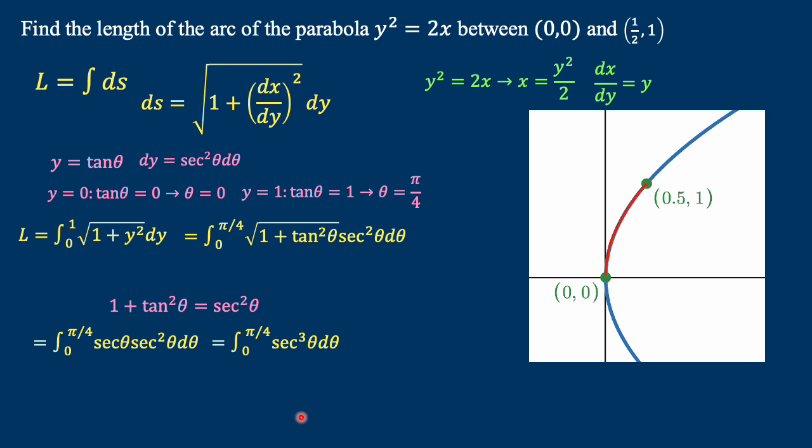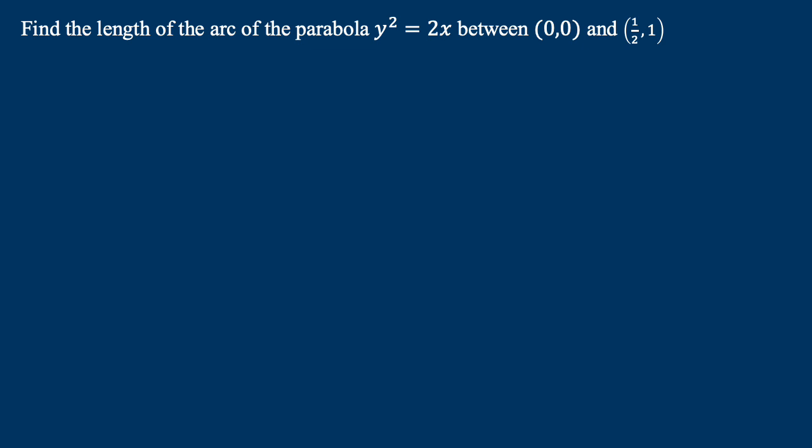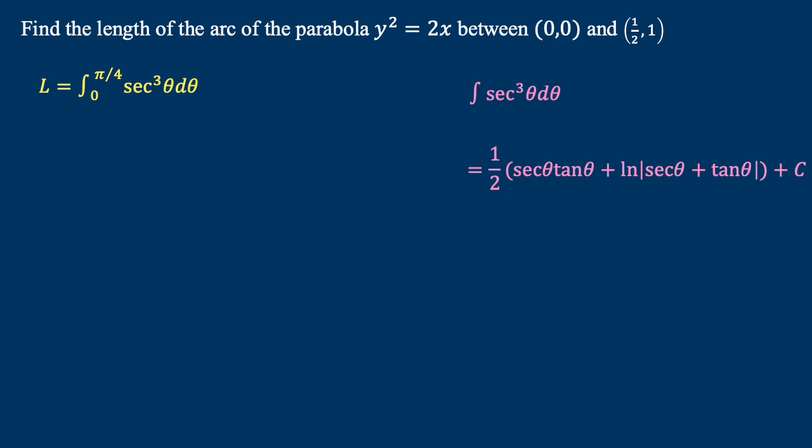How do we evaluate the integral from 0 to pi over 4 of secant cube theta d theta? We should use integration by parts. Here is the antiderivative, guys: integral of secant cube theta d theta is 1.5 secant theta tangent theta plus ln of secant theta plus tangent theta plus c.